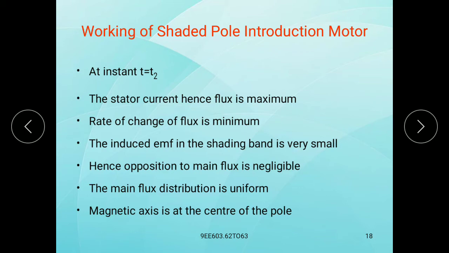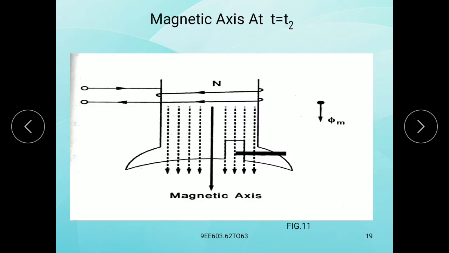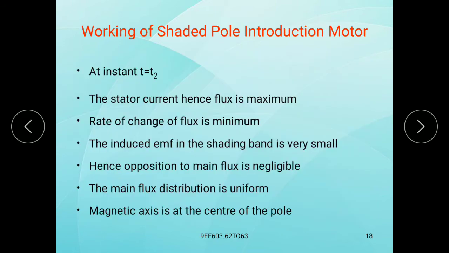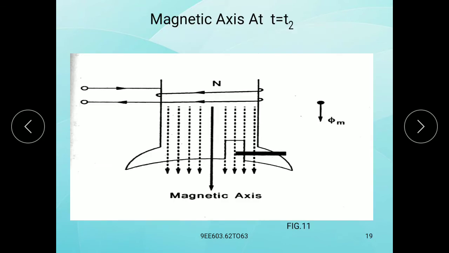See, this is the shaded band portion. The rate of change of flux is minimum, so the induced EMF is almost nearly 0. Hence, opposition to main flux is negligible and the main flux distribution is uniform.